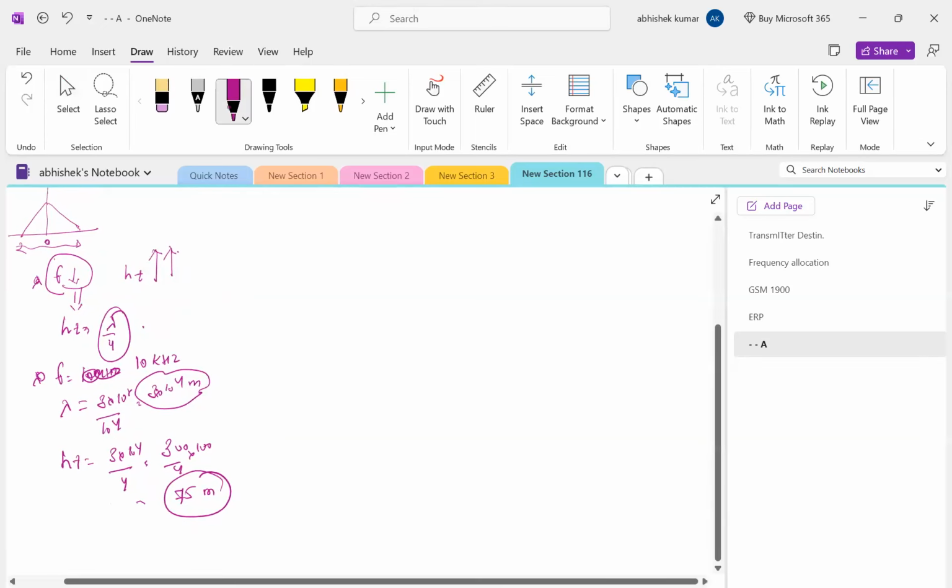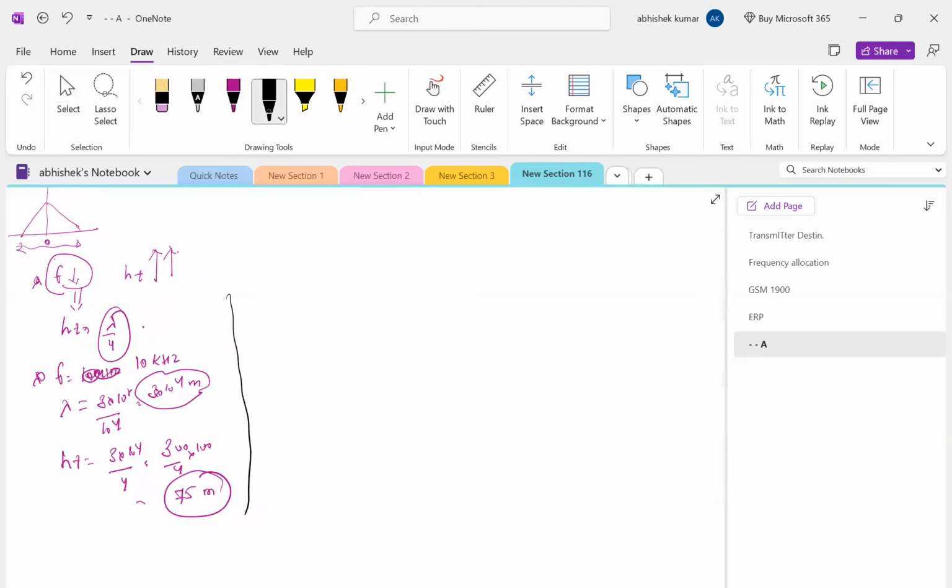So to reduce this antenna height, or to make the transmission more efficient, we increase the frequency. If we increase the frequency, the height of the antenna is drastically reduced, because the height of the antenna is inversely proportional to frequency.